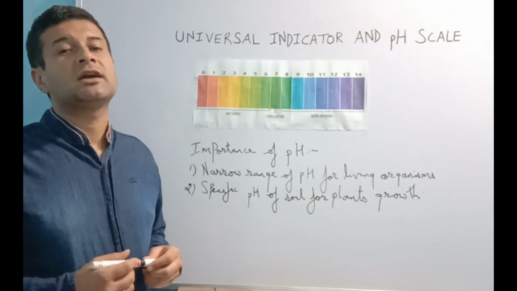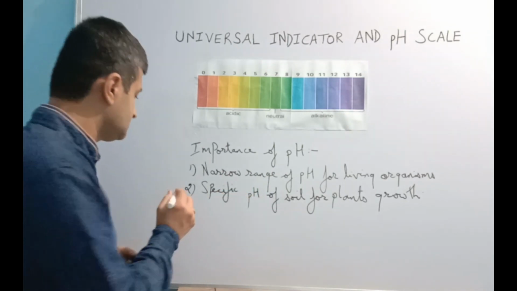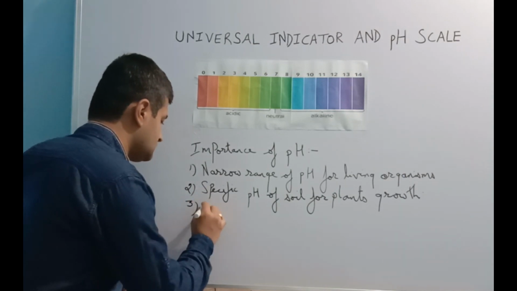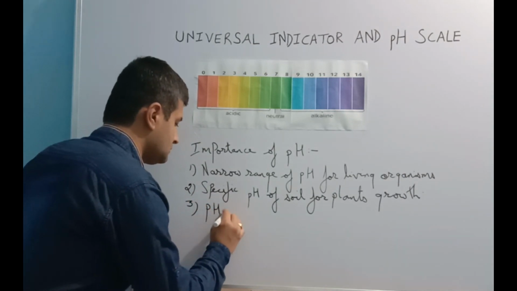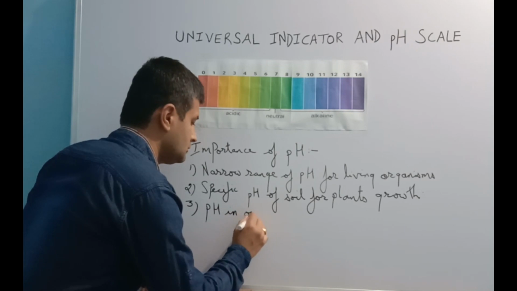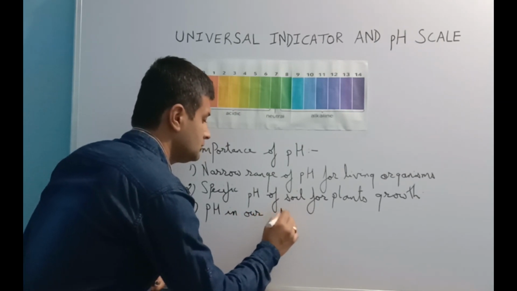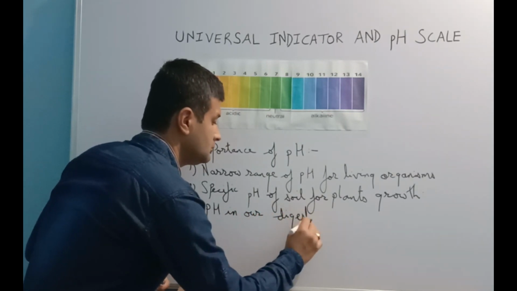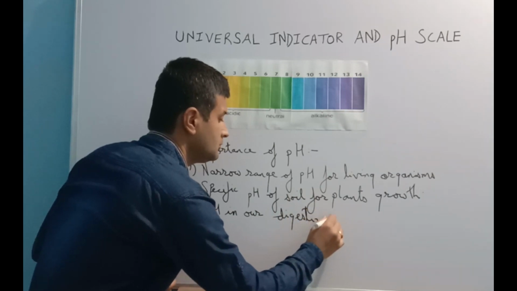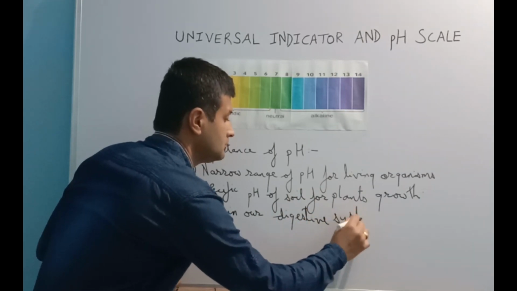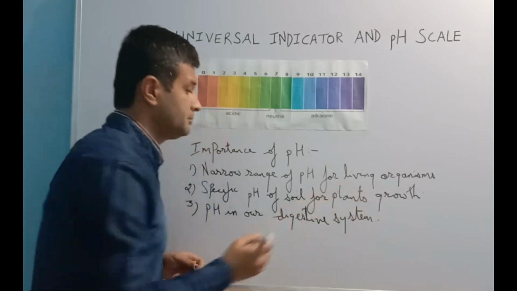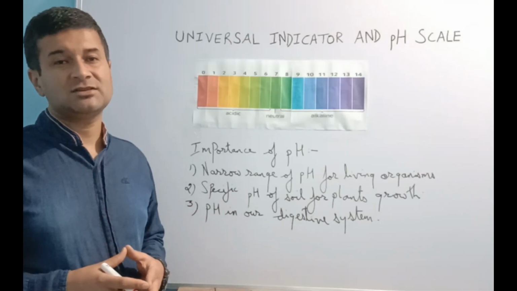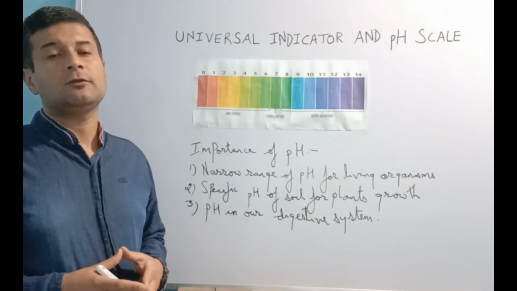pH in our digestive system. The stomach produces hydrochloric acid which digests our food.